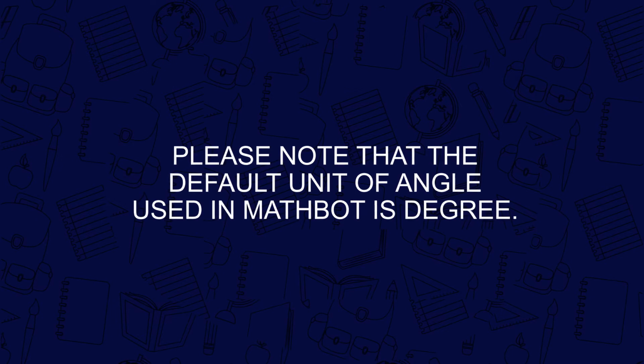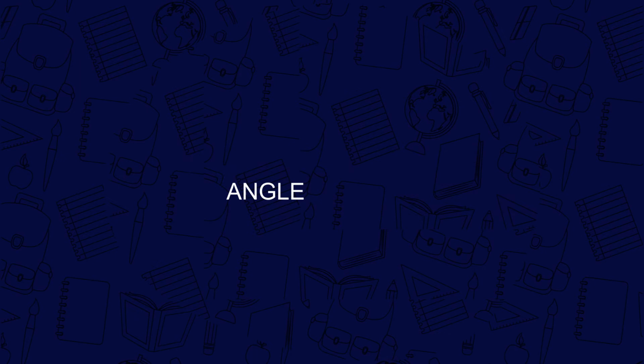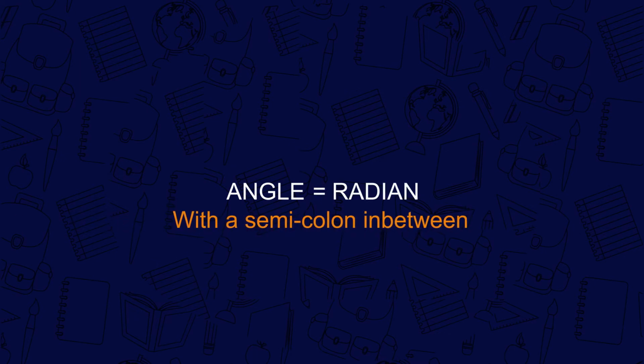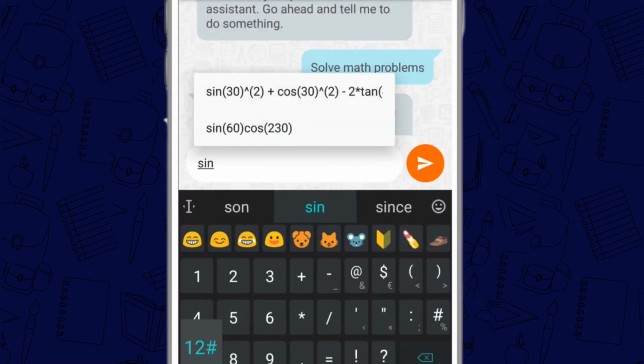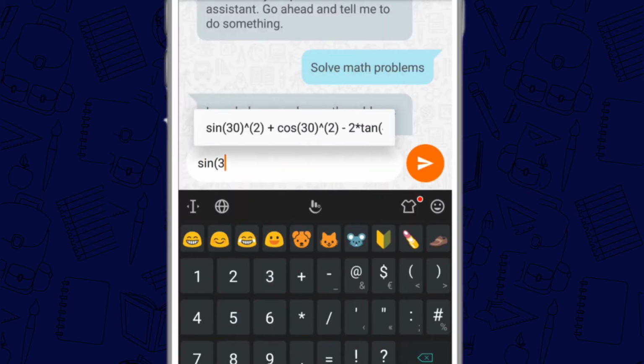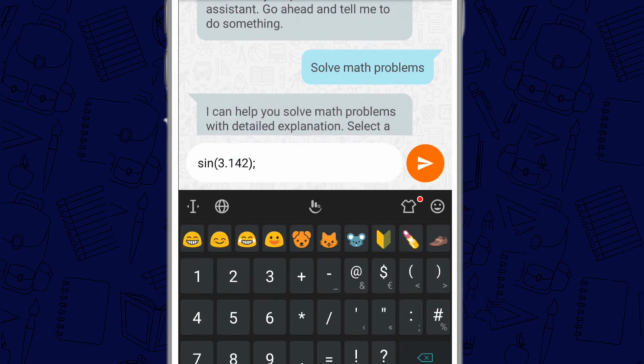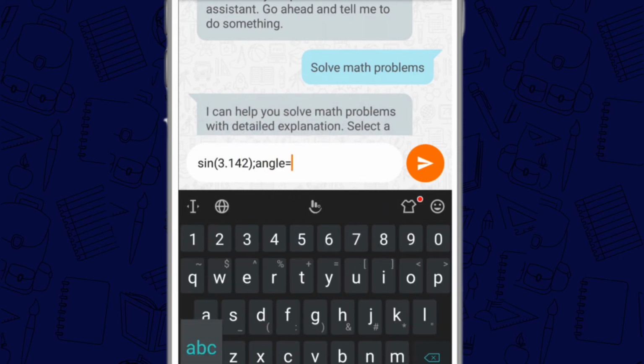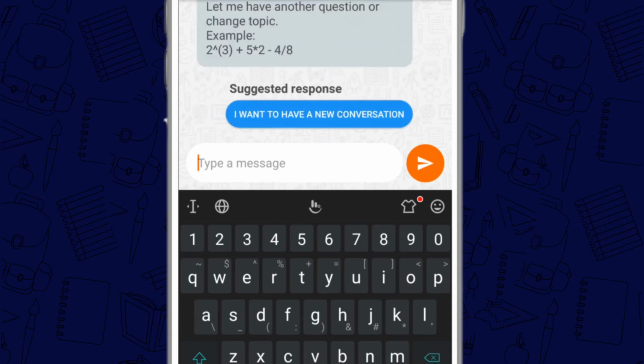To change the unit from degree to radian, add angle equal to radian with a semicolon in between. For example, sine open bracket 3.142 close bracket colon angle equal to radian.